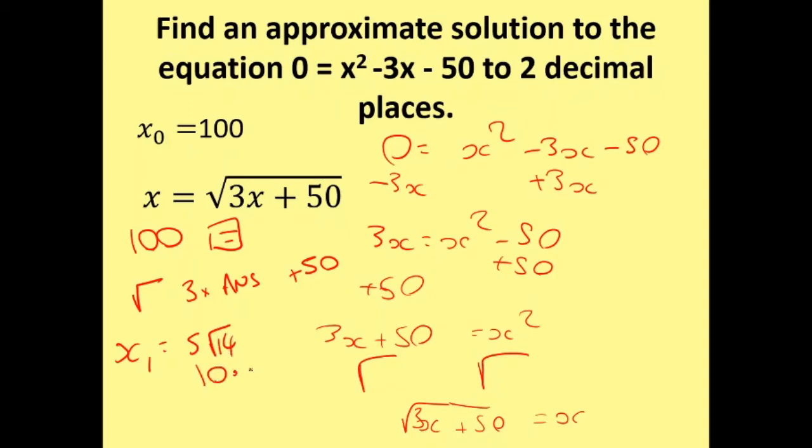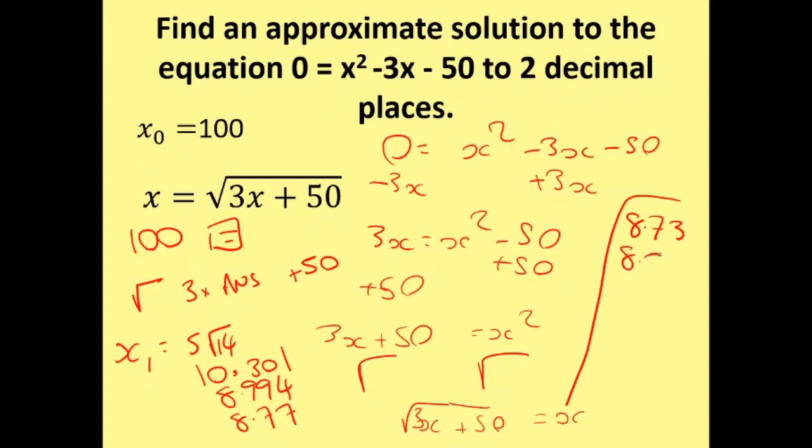Then 10.301. 8.994. 8.77. 8.73. So I'll run out of spaces, we'll do it to the right. 8.72. 8.72. 8.72. And I'm going to say my answer now is 8.72.